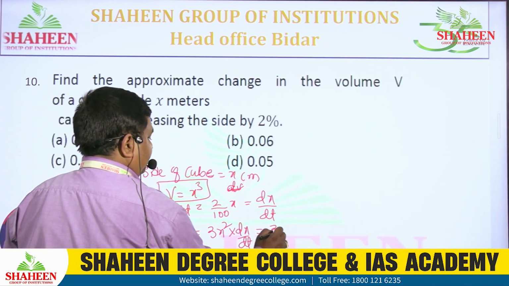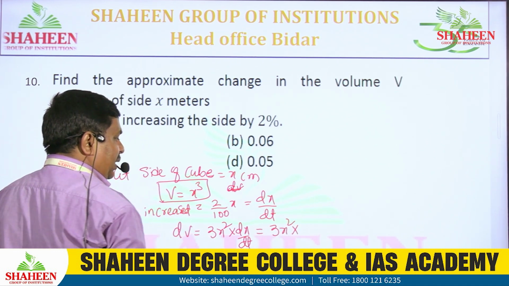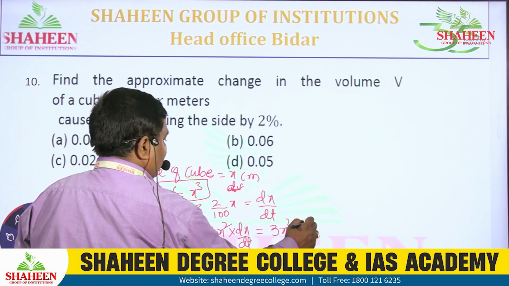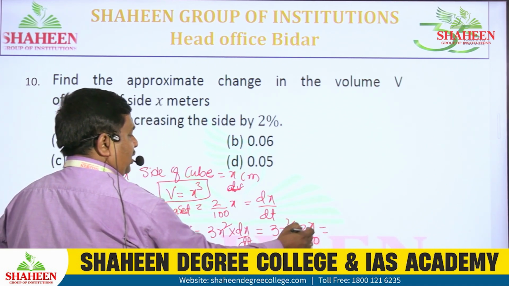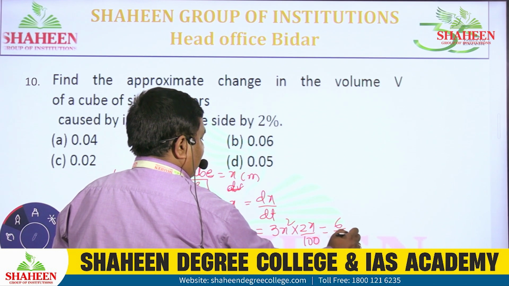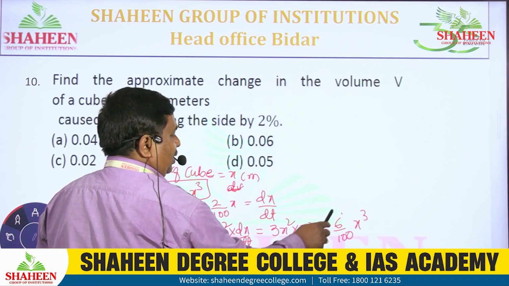This becomes 3 into x square, dx by dt is 2x by 100, and this becomes 6 by 100 into x square into x is x cube. This becomes 6 by 100.